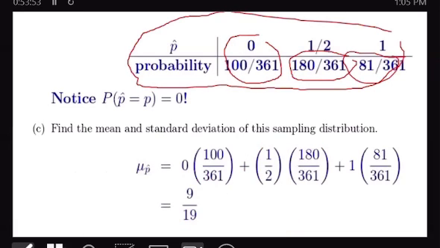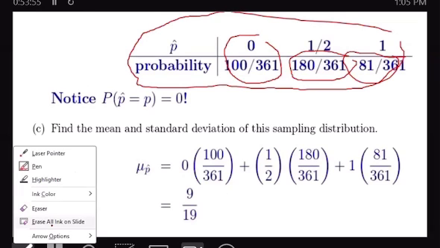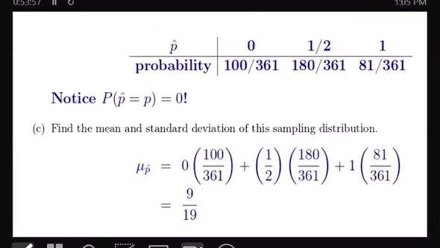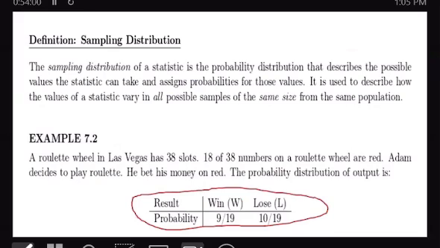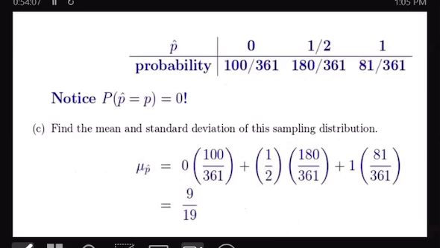And you know what I have here now? Please pay attention. This guy is probability distribution. But this guy is sampling distribution.